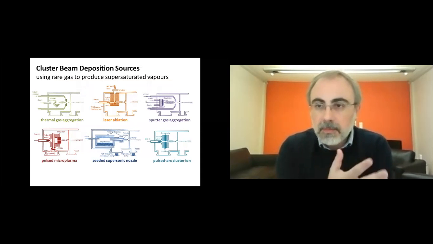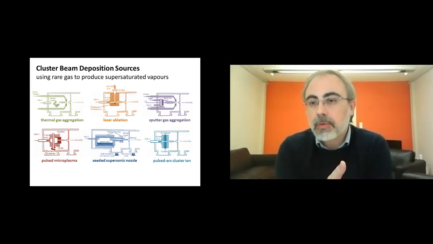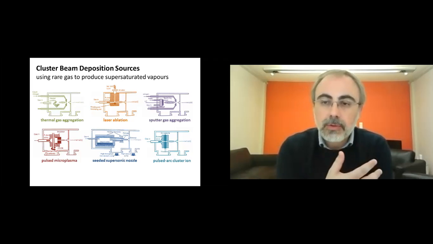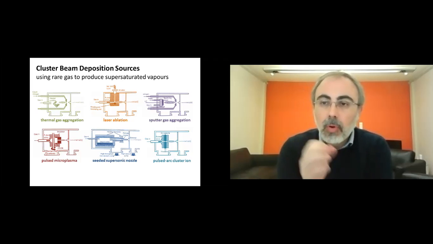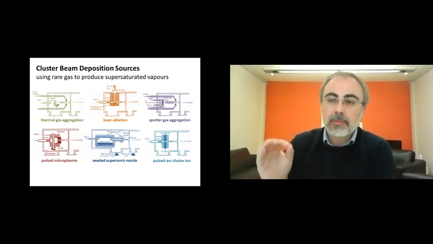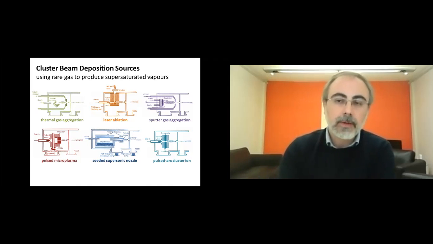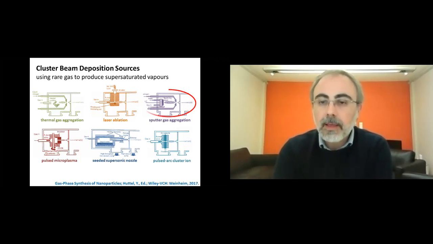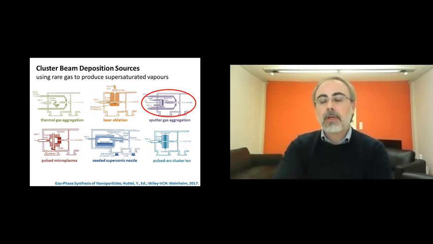All are similar types of sources. The main difference between them is the procedure used to pulverize bulk materials into individual atoms, which will then condense and create the nanoparticles. Our unit had a sputter gas aggregation source, and this is what we'll discuss in the next few minutes.